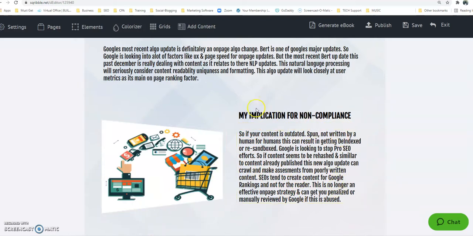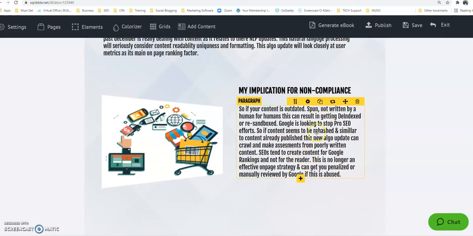And also, as I implicated, what's bothering Google's algorithms is if the content is too thin, content is rehashed, content is outdated, it's not properly formatted, and it doesn't have a unique selling point where Google's crawler can see this is not natural language, the SEO is trying to write for the algorithms.